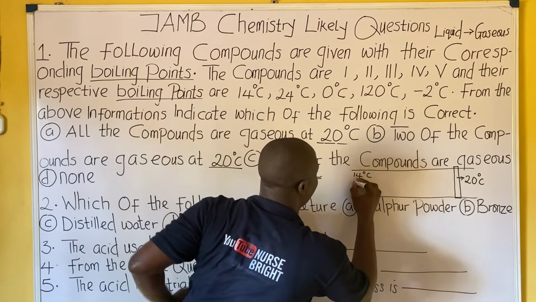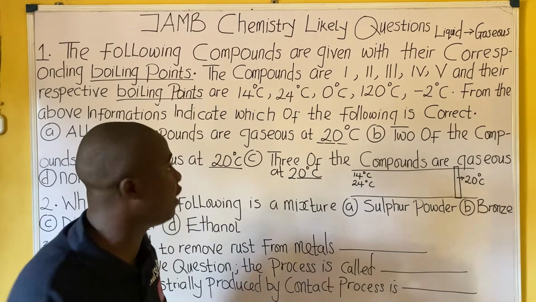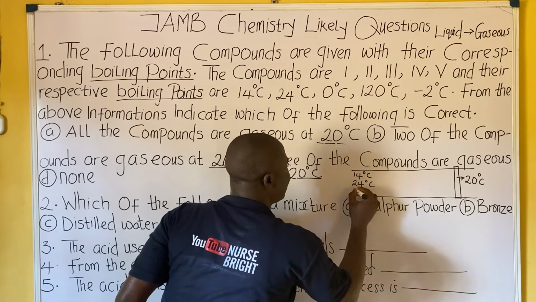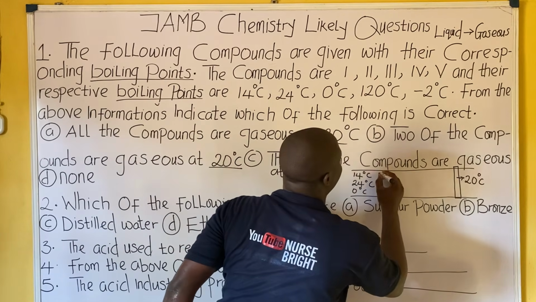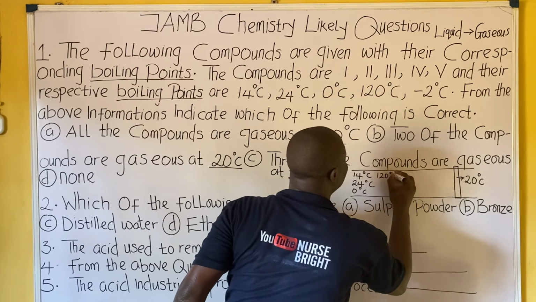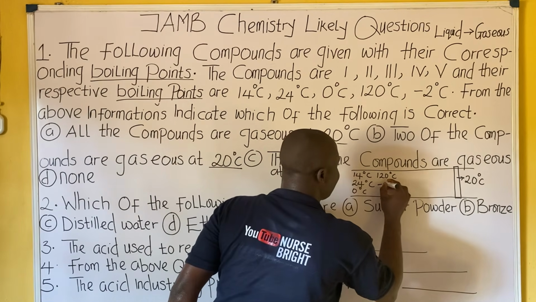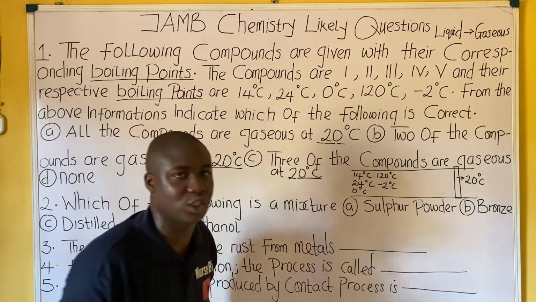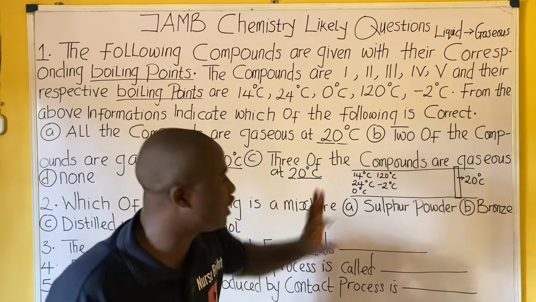Another temperature here is 24 degrees Celsius. Relax, they are all very simple. Another temperature here is 0 degrees Celsius. Another temperature here is 120 degrees Celsius. And another temperature here, which is the last temperature, is -2 degrees Celsius.